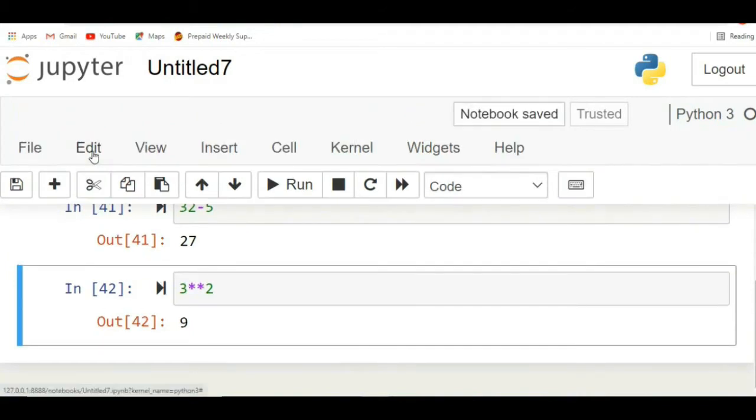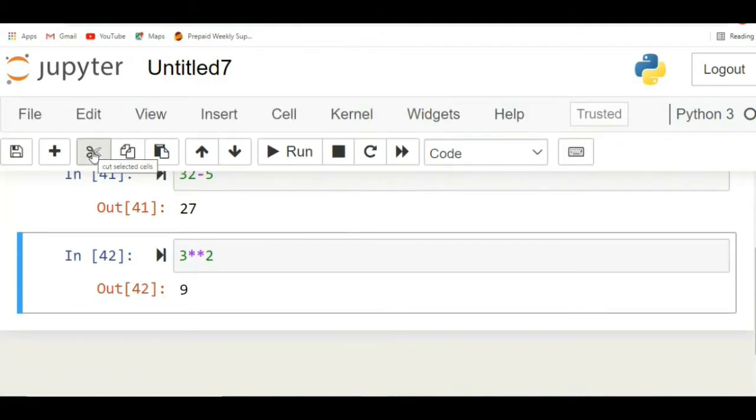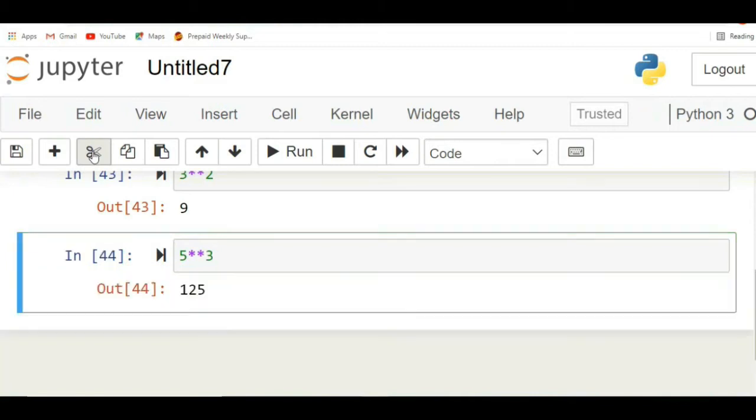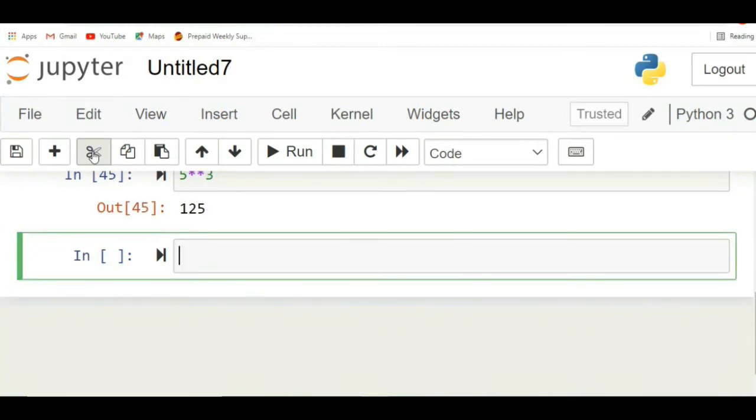In the same case, we shall take another cell of Jupyter notebook, and here we shall write 5 double asterisk 3, which means 5 raised to the power 3, and it should be equal to 125. So double asterisk means raised to the power.